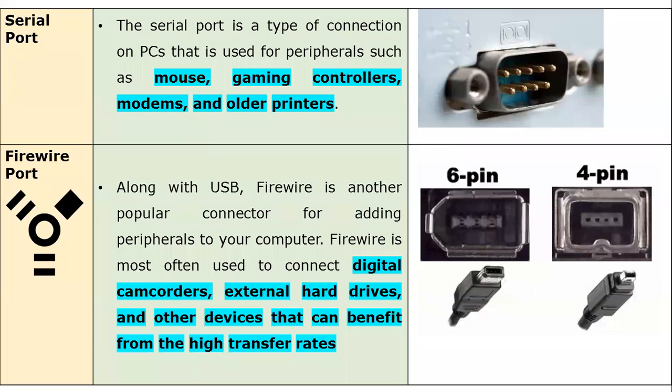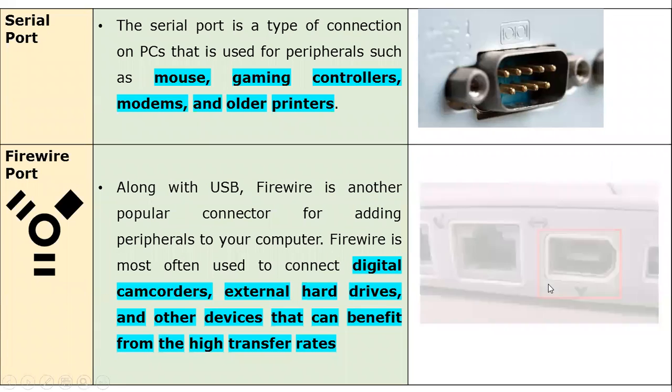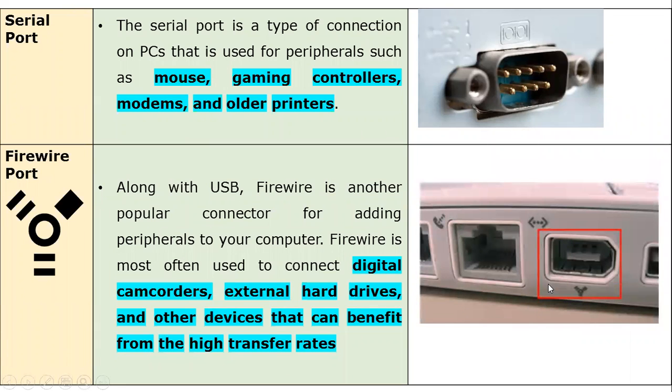There are two types of firewire port: 6-pin and 4-pin. Some laptops also have these firewire ports. That's the end of discussing the computer ports. We identified 8 types of port.